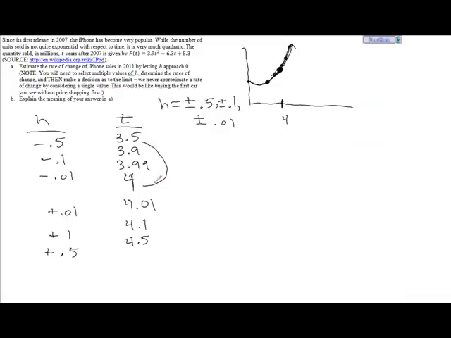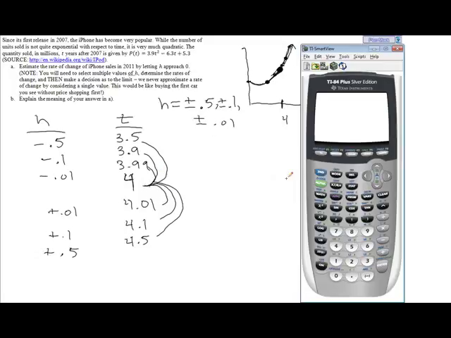We'll have a total of 6 rates of change, 3 here and 3 here. Keep in mind that we have to keep T equals 4 fixed because that's where we're trying to estimate the rate of change. So, what's the output when T equals 4?